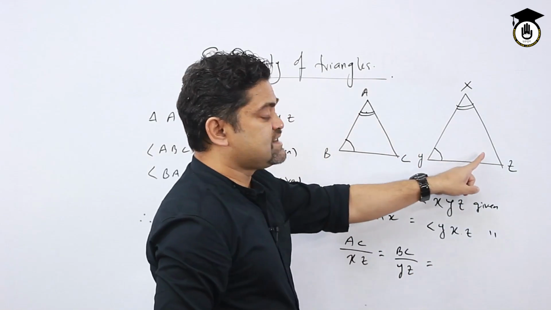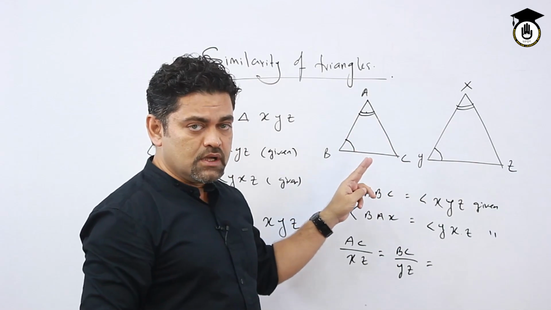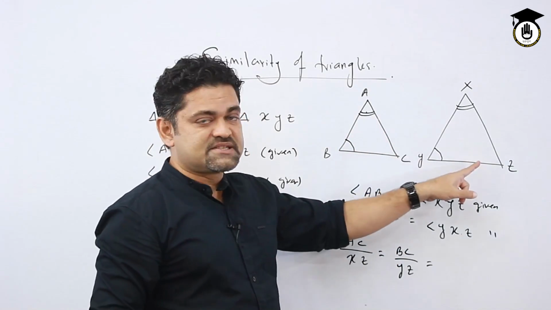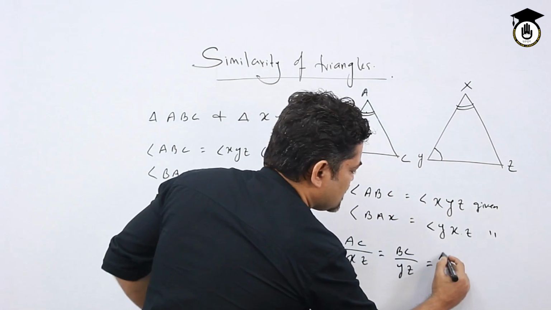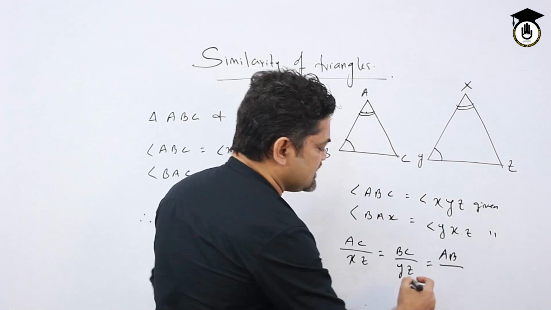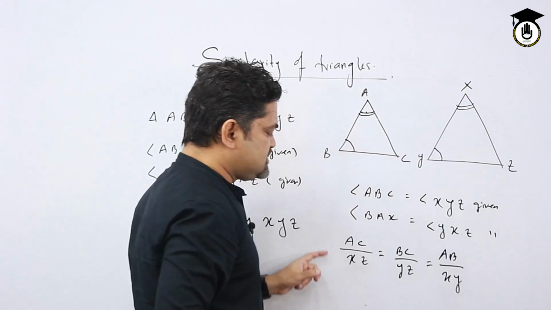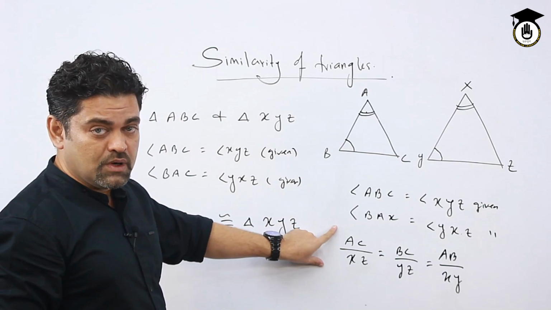And the third angle, as I said before, if two angles are equal then the third angle must be equal. For this third angle, the opposite side is AB, and the corresponding opposite side is XY. So you see that their corresponding sides are proportionally equal.